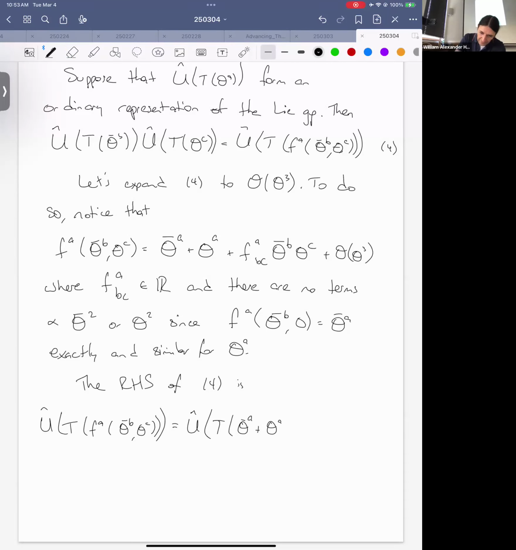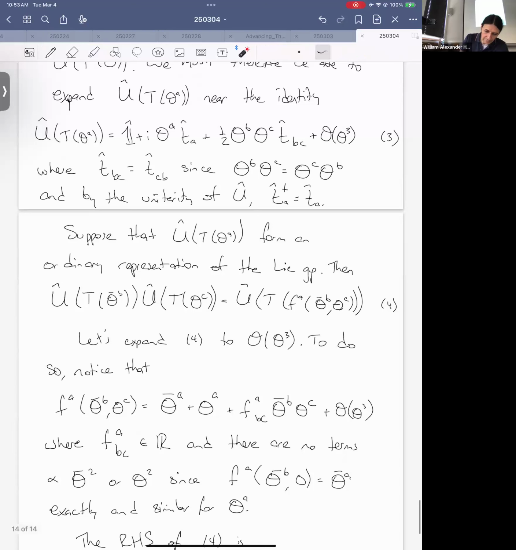So I'm not trying to do anything fancy. There's got to be still a conservation of indices. Okay. Plus F A B C theta bar B theta C. And because these are all infinitesimal, we can expand. So this is going to be 1 plus, now what did we say?